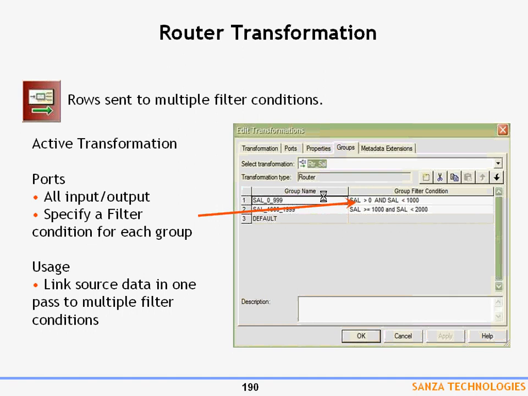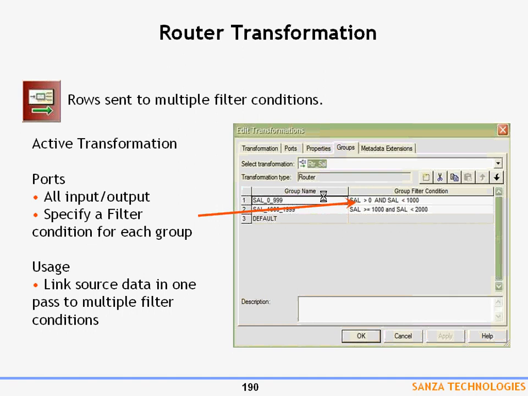Same thing. Before version 5, we used to use filter. From version 5 and above, we started using router transformation. Same functionality. To load data into multiple targets, you use filter transformation, or you can use the router. In a router transformation, there are two groups.